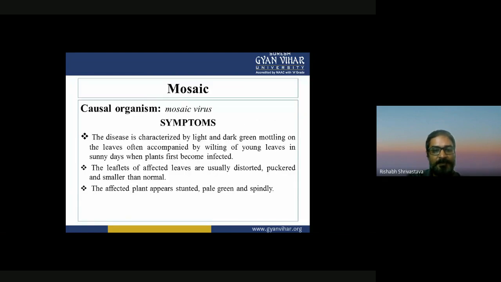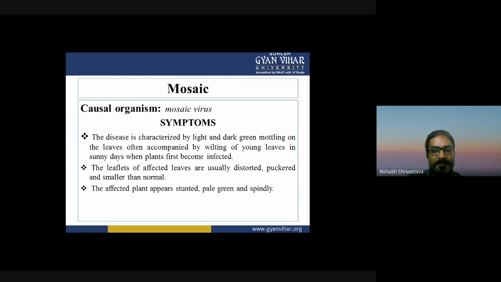Mosaic virus. Symptoms: the disease is characterized by light and dark green mottling on the leaves, often accompanied by wilting of young leaves on sunny days when plants first become infected. The leaflets of affected leaves are usually distorted, puckered, and smaller than normal.